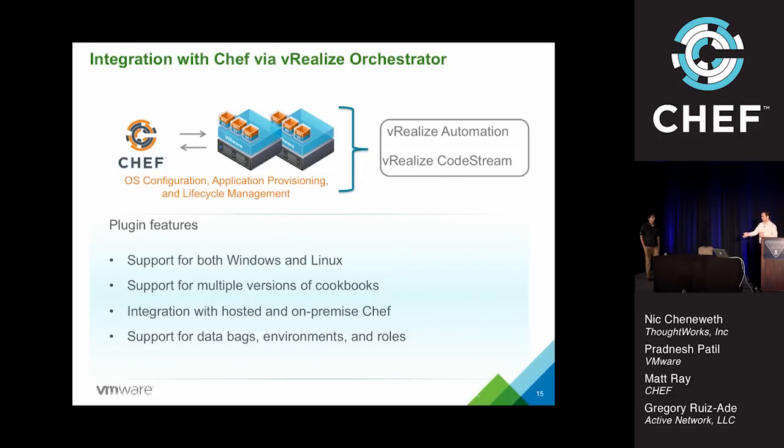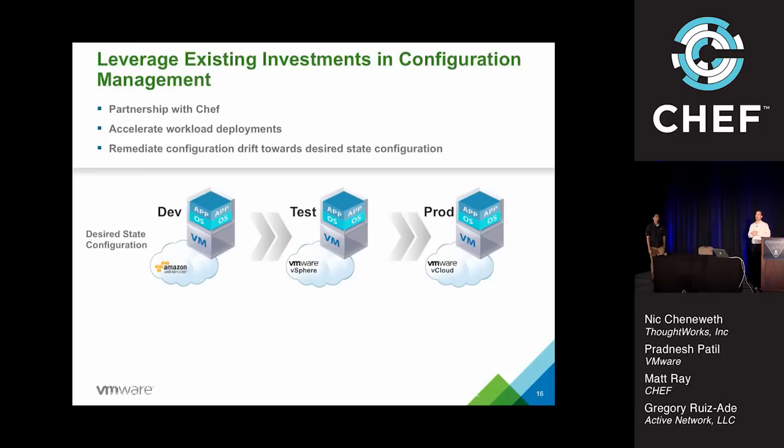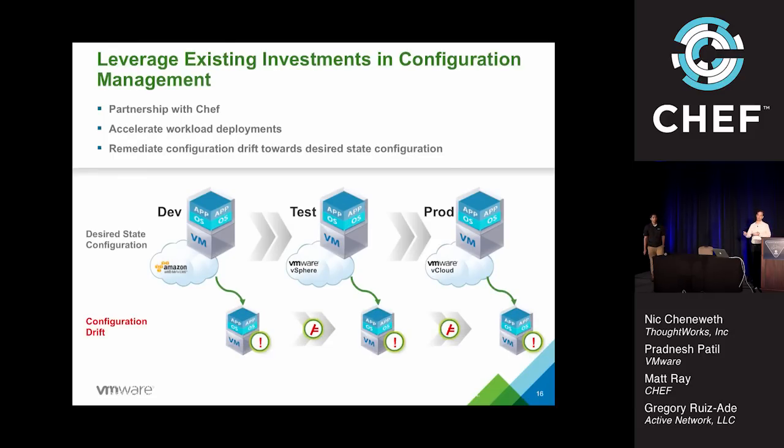And then the next slide. But what we really want to do is, the consistent message I've heard from Chef, vRO, vRA users is that they want the management portal. They want to have the self-service UI where users can apply blueprints, but they don't want to hamstring their developers.